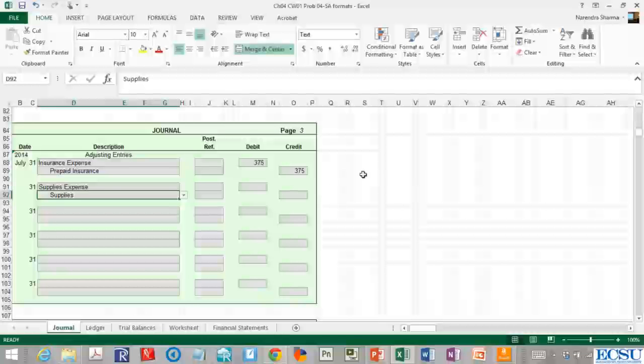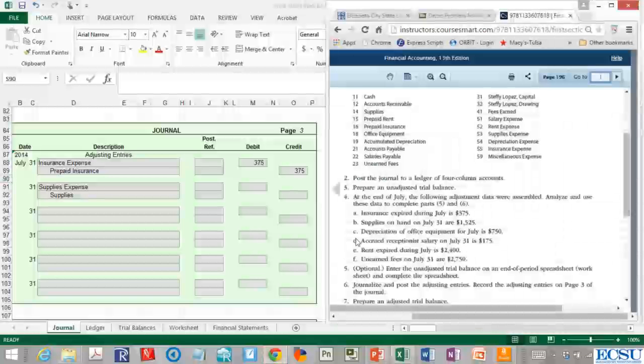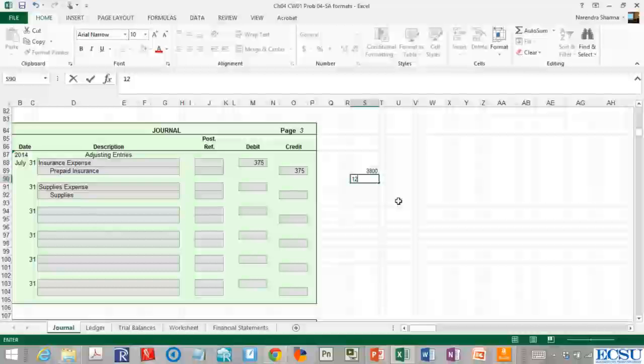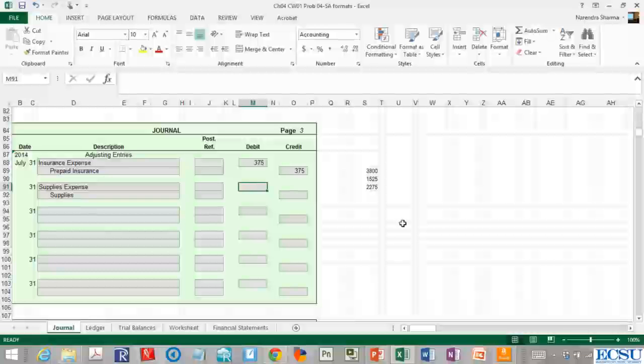That is, in the ledger we saw that supplies was 3,800, and right now our supplies is according to the problem 1,525. So the difference between these two is going to be 2,275. So this is the amount that we are going to put here, 2,275.